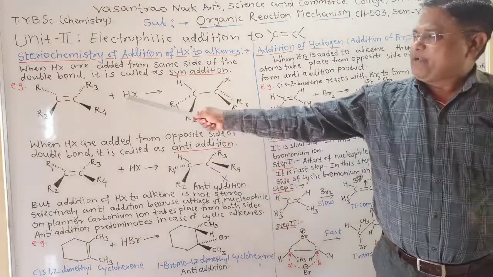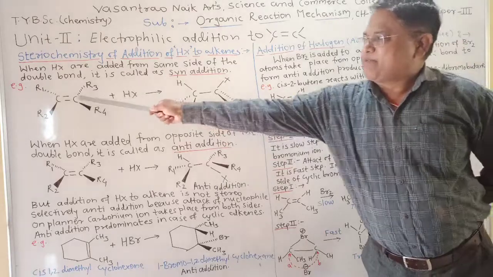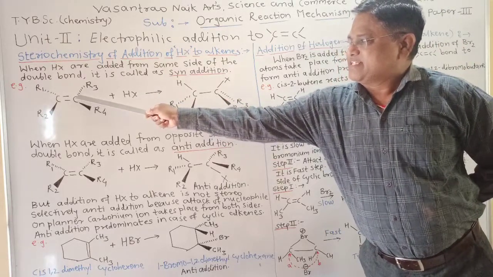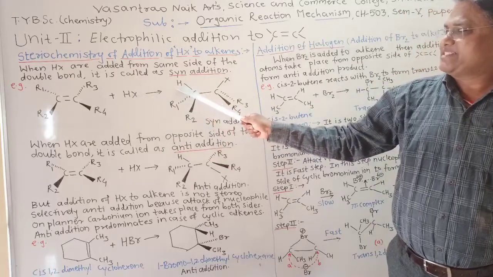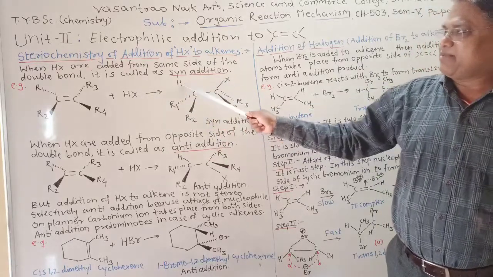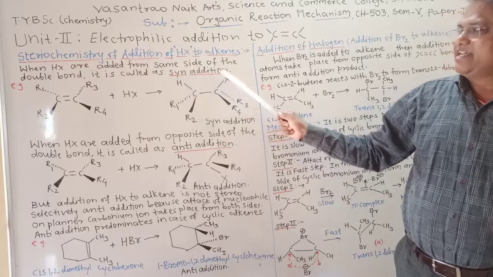Now when addition of HX takes place on carbon-carbon double bond, if the addition of hydrogen and halogen takes place from the same side of carbon-carbon double bond, it is called as syn addition.